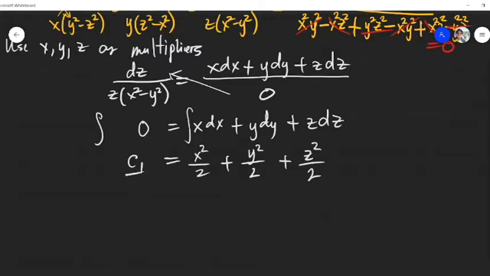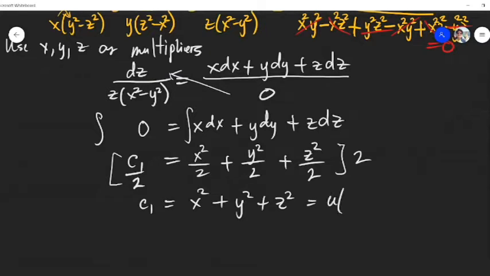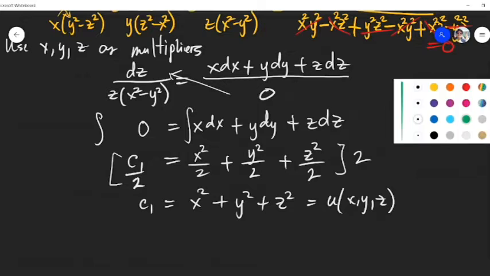So we can just divide the arbitrary constant by 2 so that if we multiply both sides by 2, we have c sub 1 is just equal to x squared plus y squared plus z squared. Since 2 is just still a constant, c sub 1 is an arbitrary constant, so c sub 1 over 2 is still arbitrary. Okay, and this is equal to our u of x, y, z. So this would be our first solution.